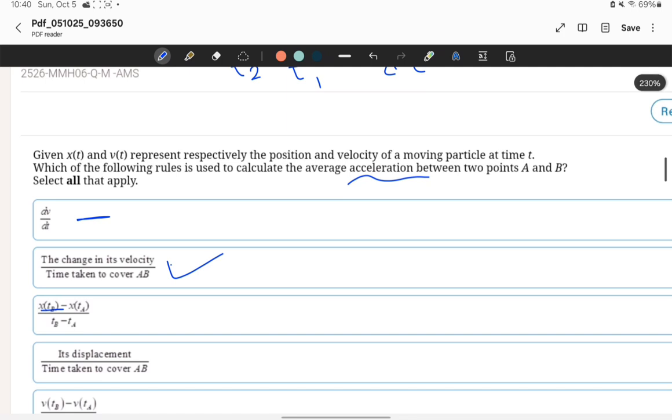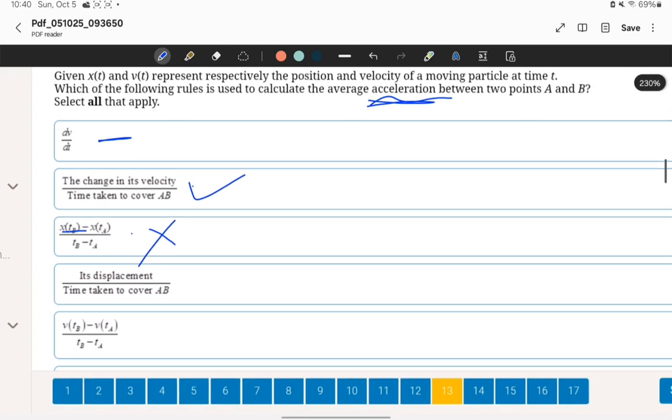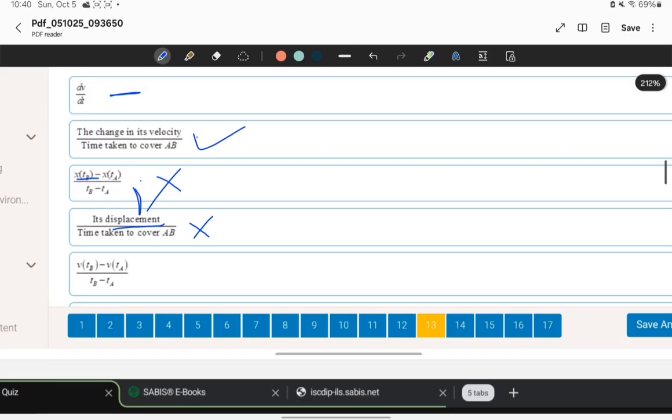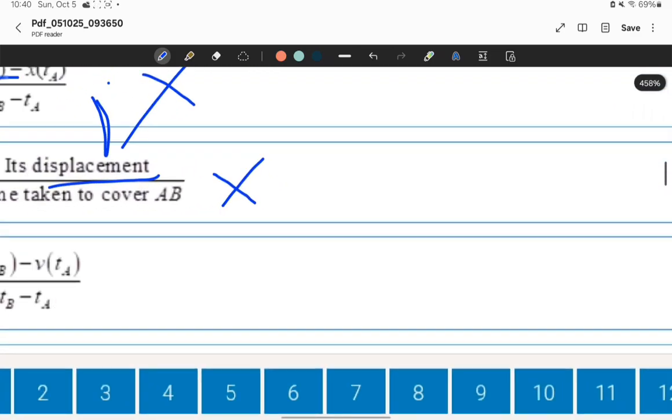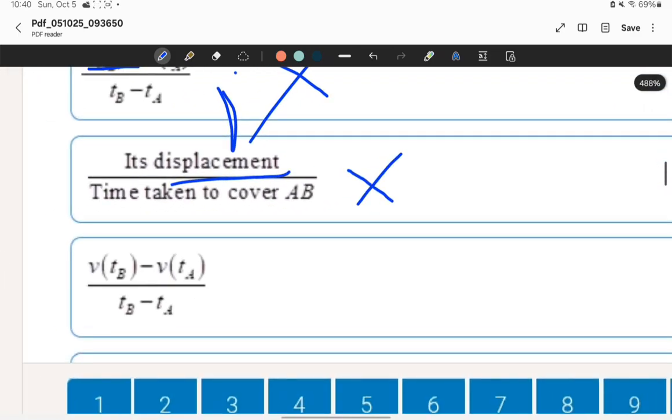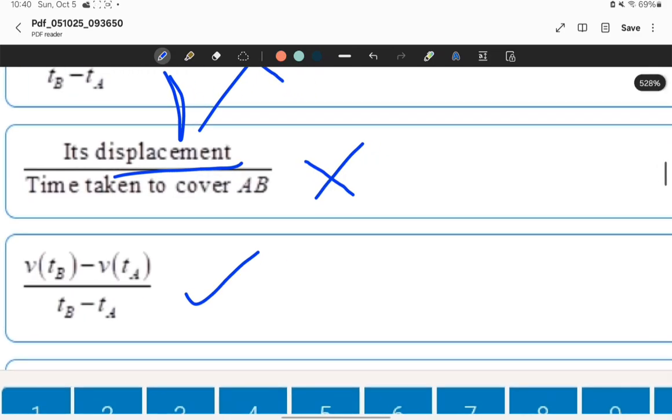This here is the displacement, so this would be correct if it was velocity, but they're asking for acceleration, so this is wrong. It's displacement, this again is the same thing as this, so this is wrong. Change in v over t, okay, this one, it's correct, yeah, but they're trying to trick you here by, instead of saying v2 minus v1, they're saying tb and ta.